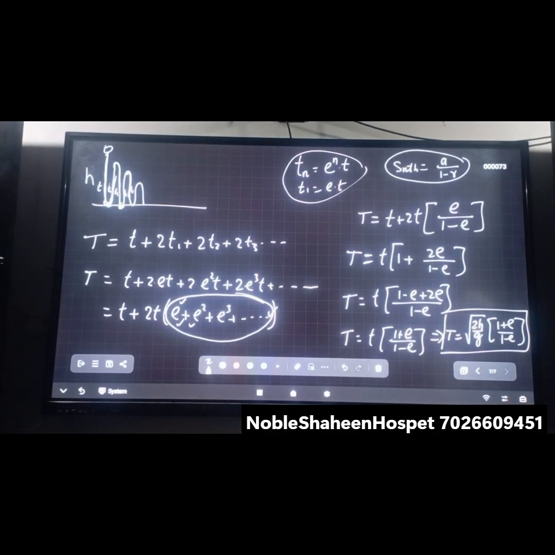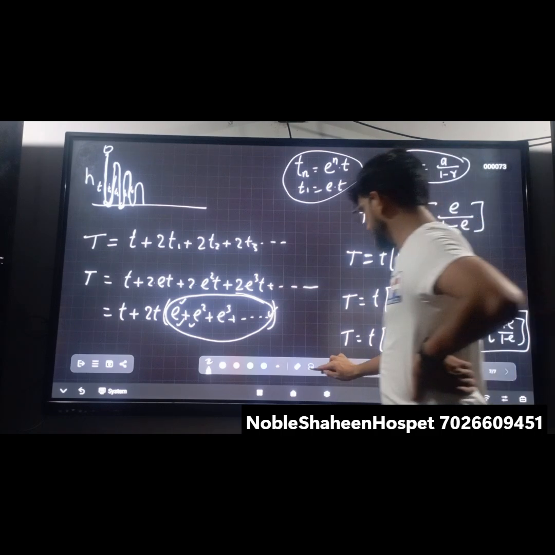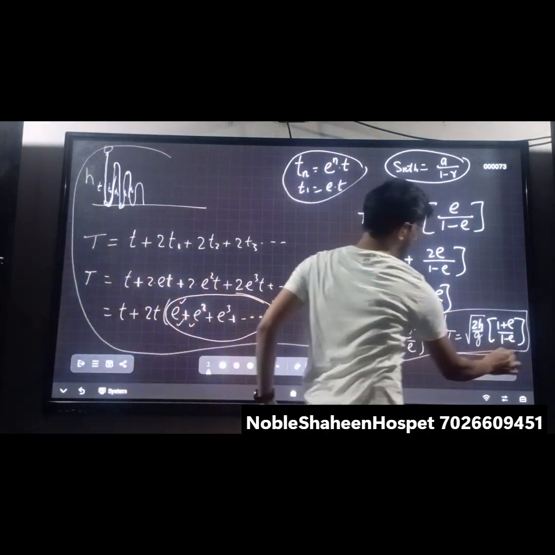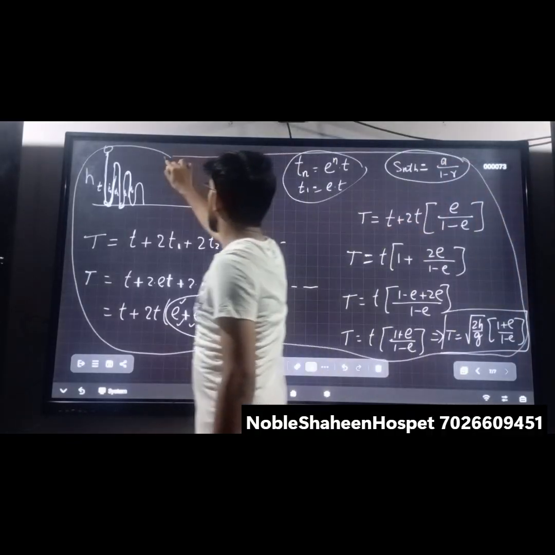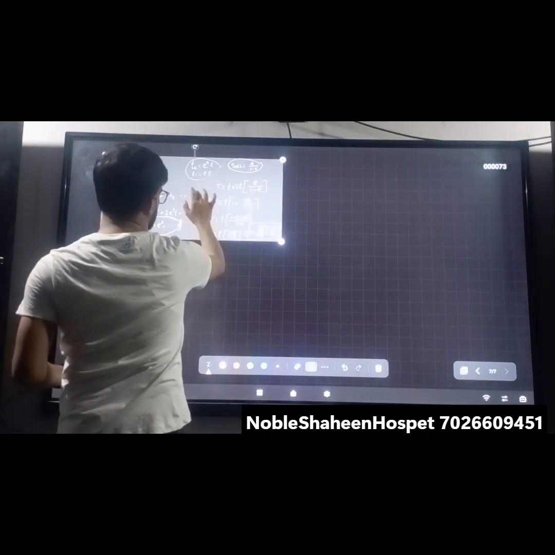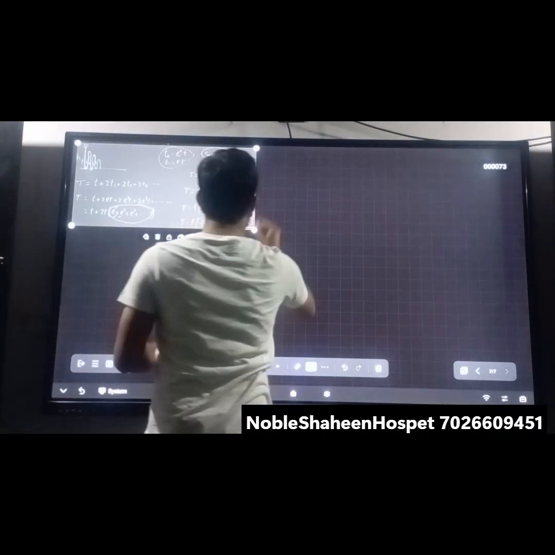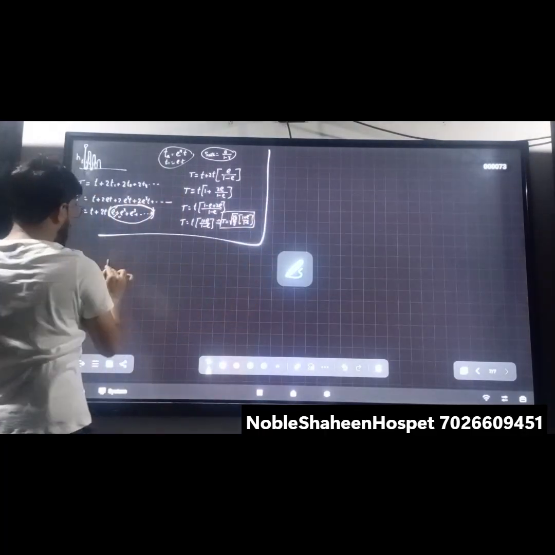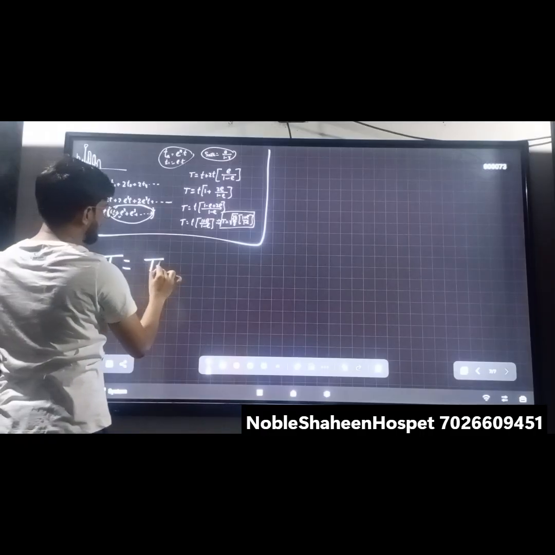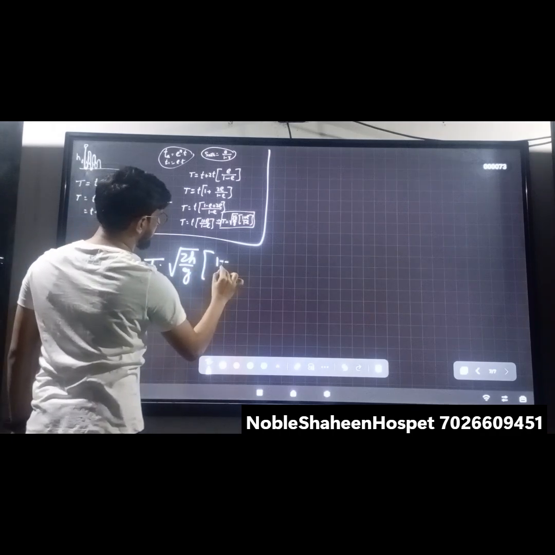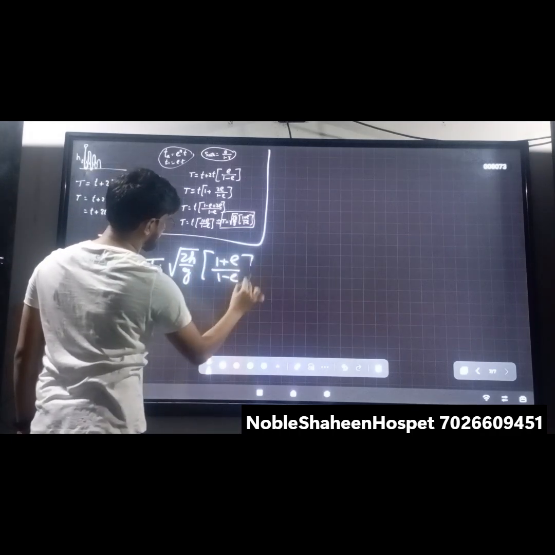Okay. Now see again, if the collision is elastic, then what will happen? If this collision is elastic, then how long will it take to stop? Our total time T is equal to under root of 2h by g into (1 plus e) upon (1 minus e).